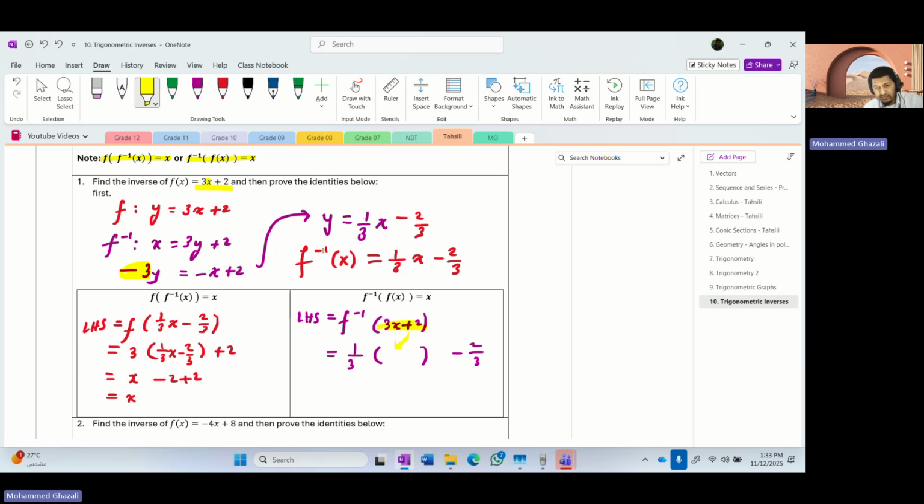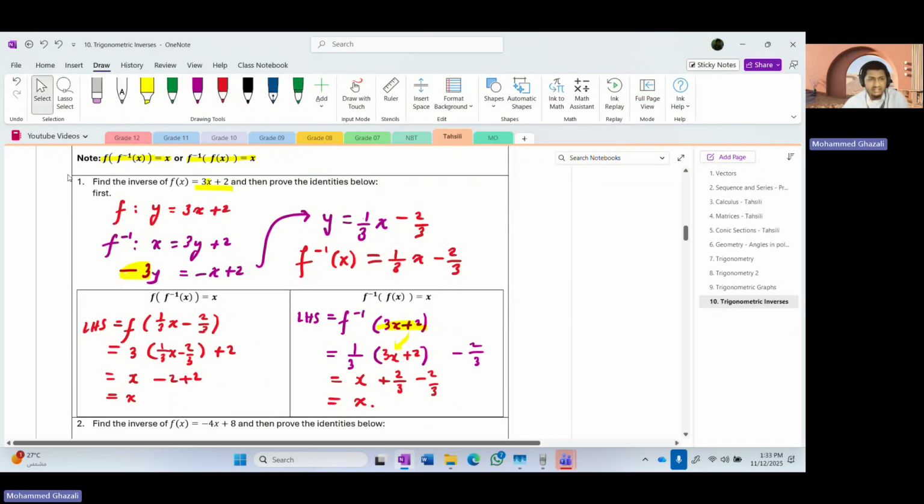Put it here. So we got 1 over 3 times 3x is x. 1 over 3 times 2 is 2 over 3, minus 2 over 3. So I'm getting an answer of x, which means f inverse f of x is equal to x. So it's proved. So you got to remember these results here.